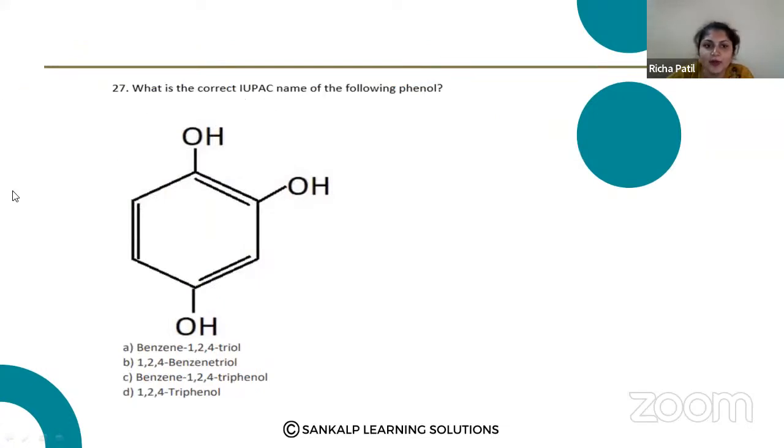What is the correct IUPAC name of the following alcohol? What is the name of this particular alcohol?